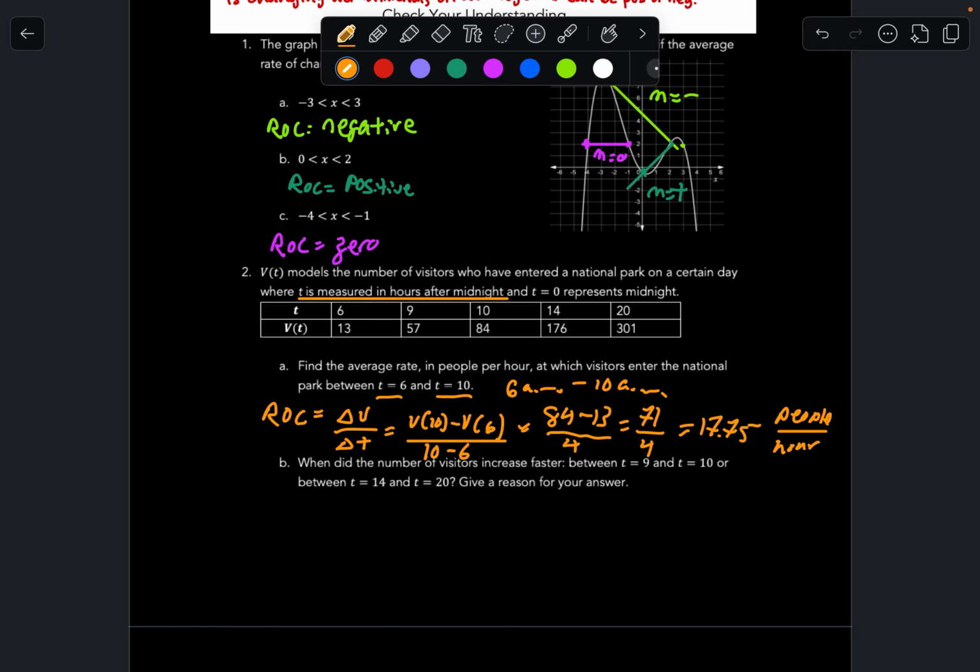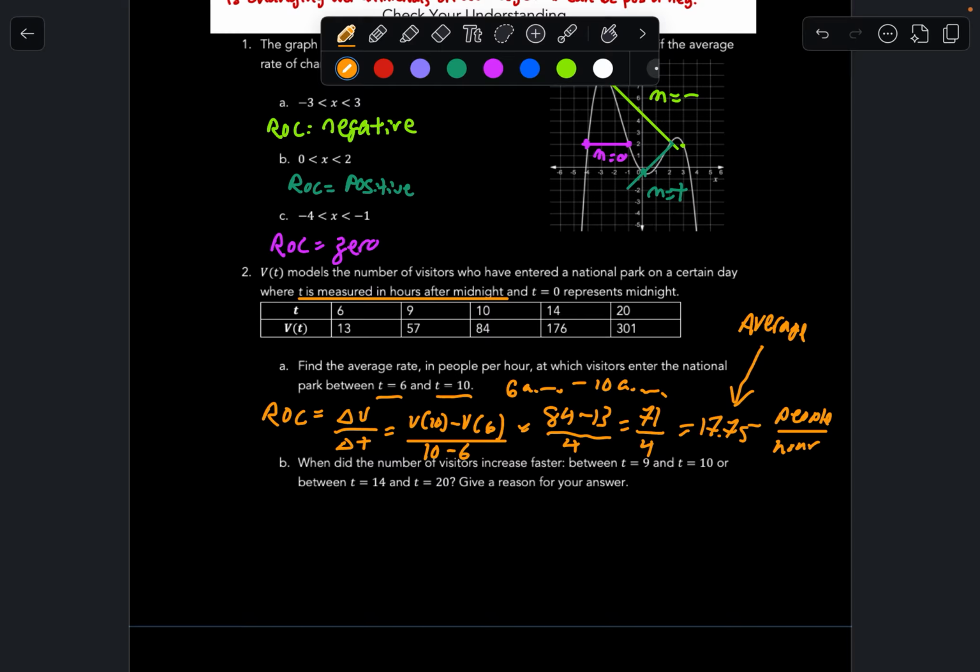On average, you'll have 17.75 people coming through each hour. What that means is over that interval, you could have 17 people in one hour and then maybe 18 people another hour, and on average, when you average up all the differences, you will have 17.75.